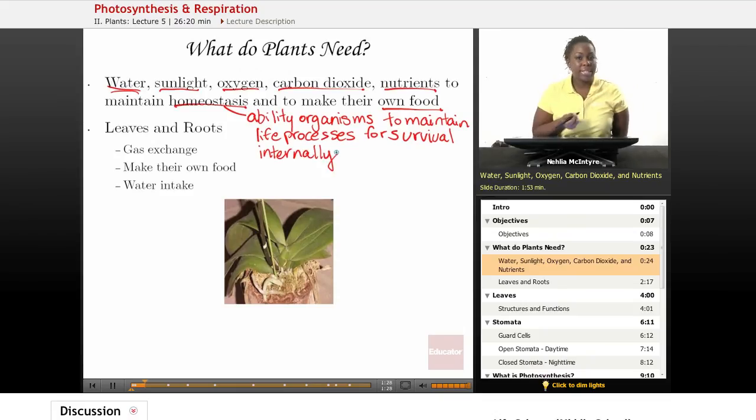So it's basically the ability to maintain those optimal conditions for growth and survival. And plants are able to do that in various ways, which we'll describe.